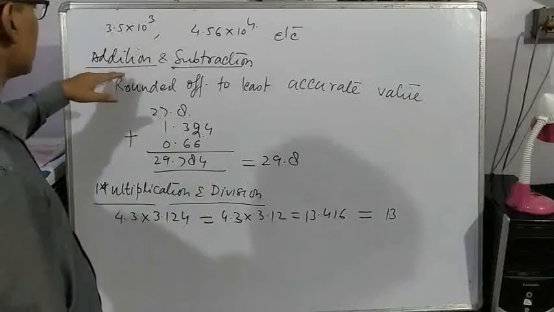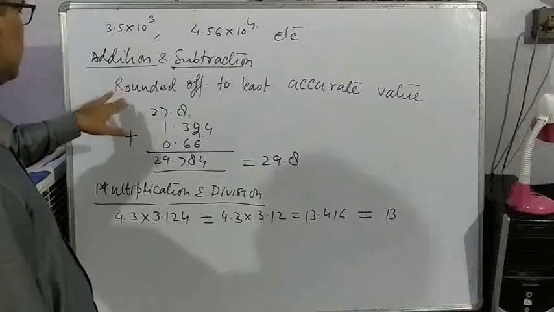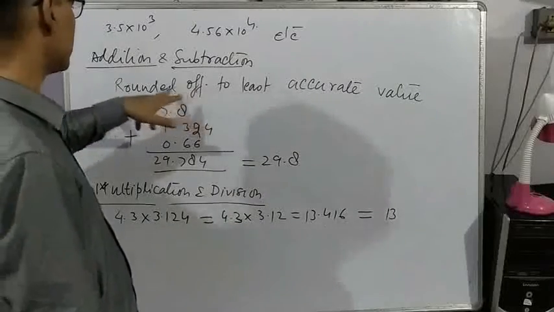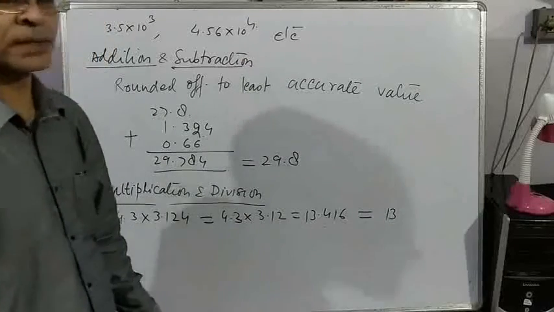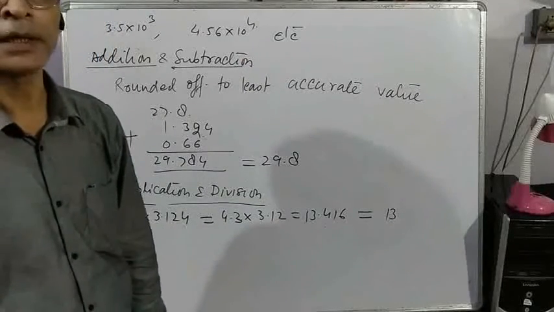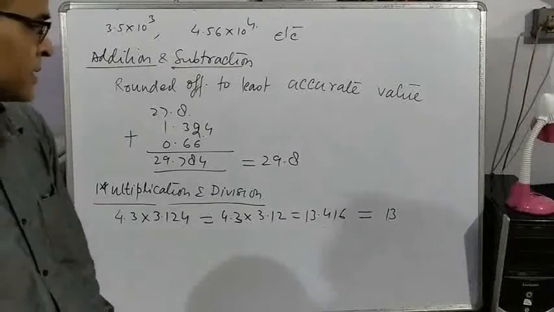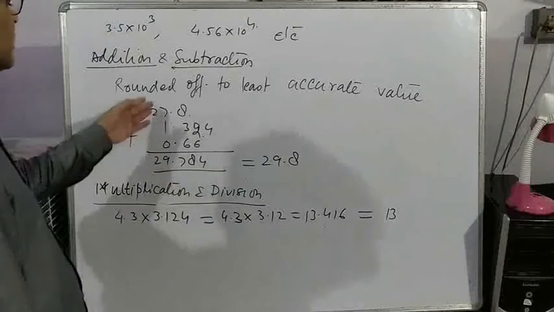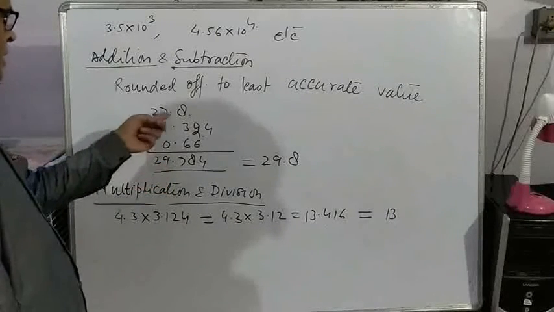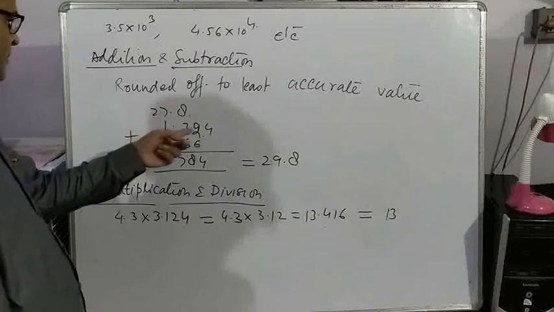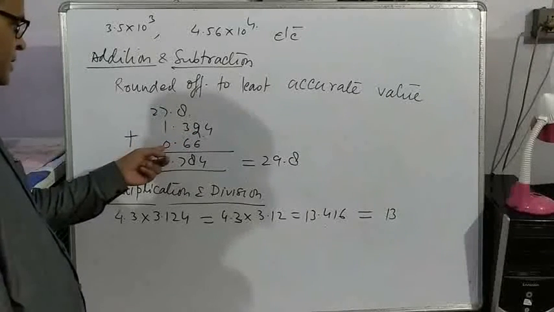Now let us understand addition and subtraction. The result is rounded off to the least accurate value. Least accurate value means the value having the least decimal places. Let us suppose 3 values are added: 3 significant figures, 4 significant figures, 2 significant figures.